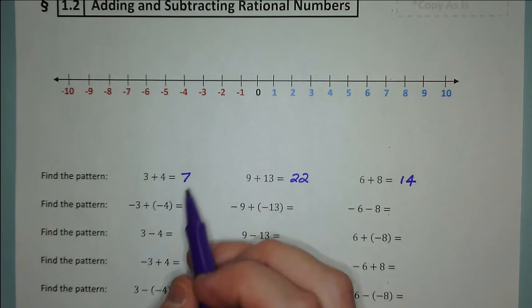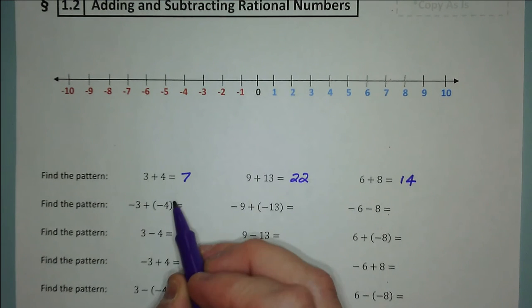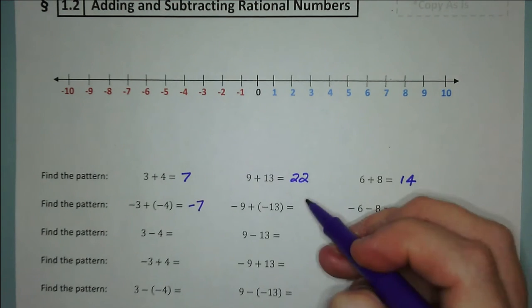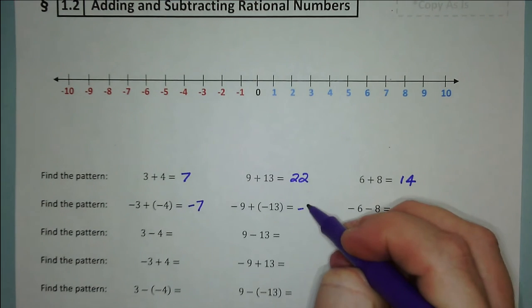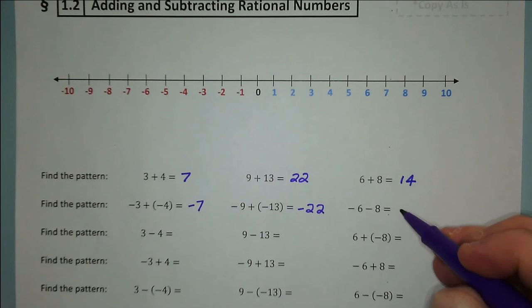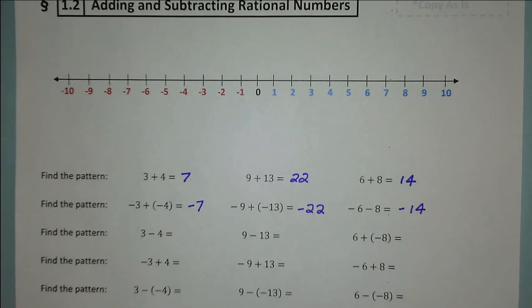Finding the pattern here, negative 3. Oh no, negatives. Negative 3 plus negative 4 is actually negative 7. Negative 9 plus negative 13 is negative 22. Negative 6 plus negative 8 is negative 14.